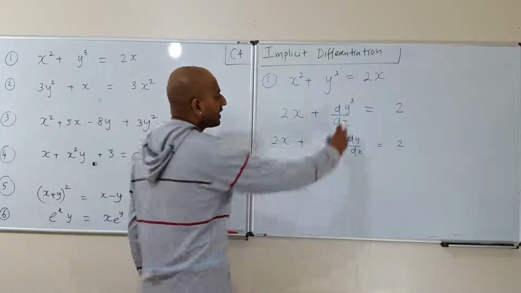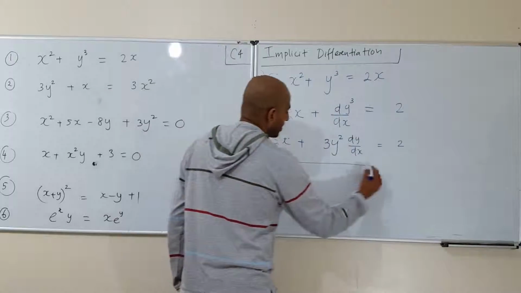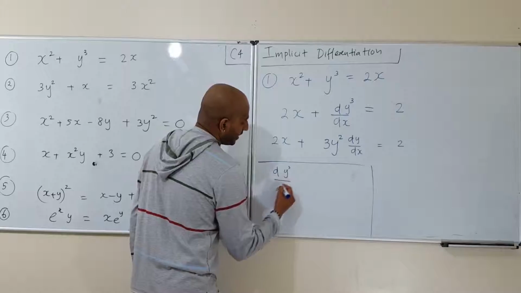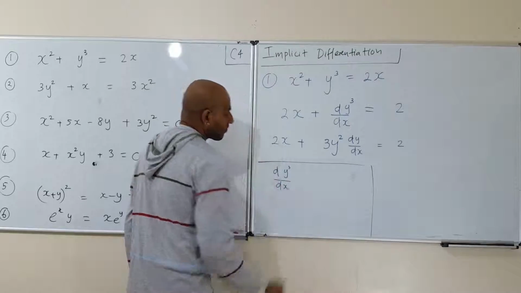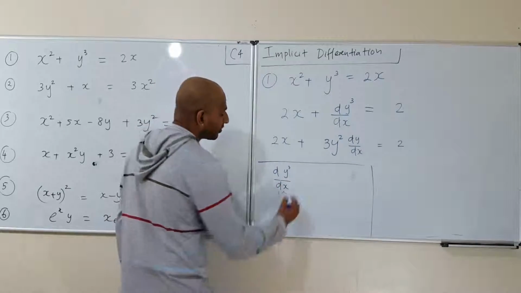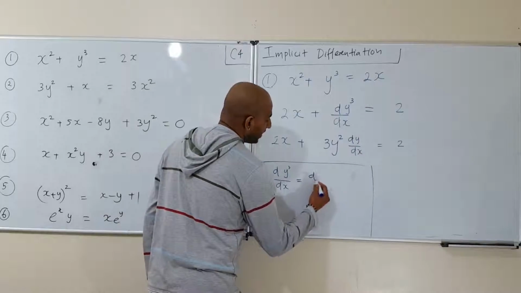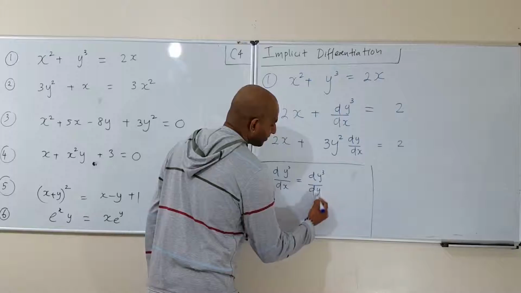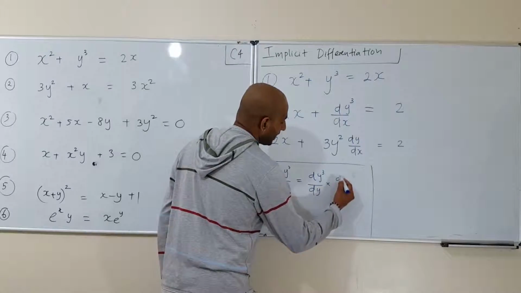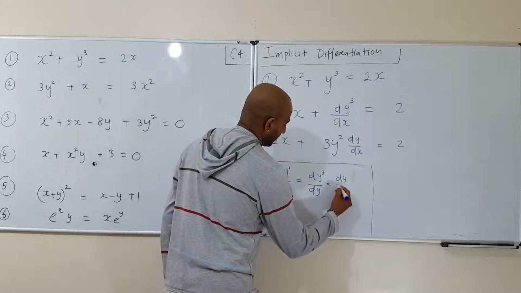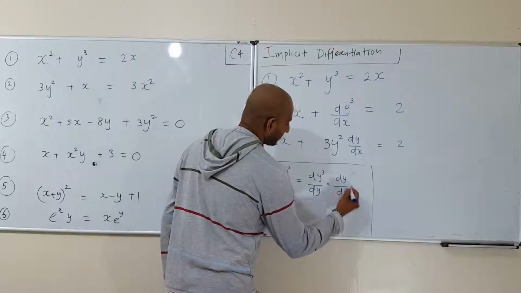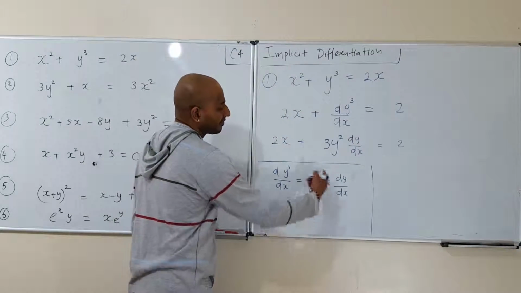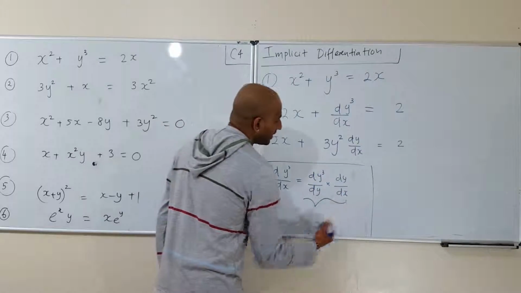So basically what we did there is this. We took d y cubed dx. What we really did here was d y cubed dy times dy dx. That's exactly what we did. Basically it's the chain rule, isn't it?